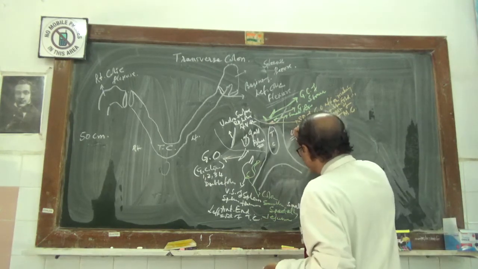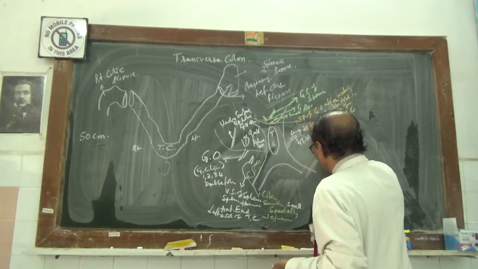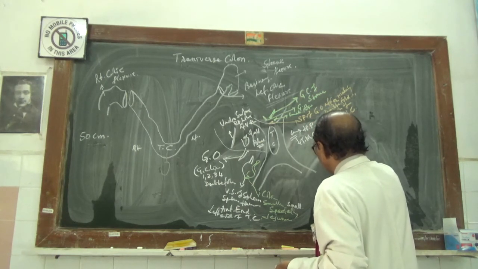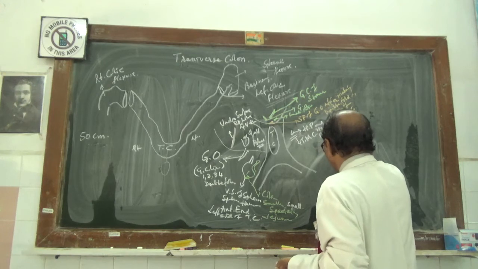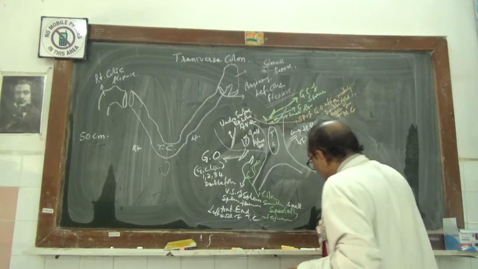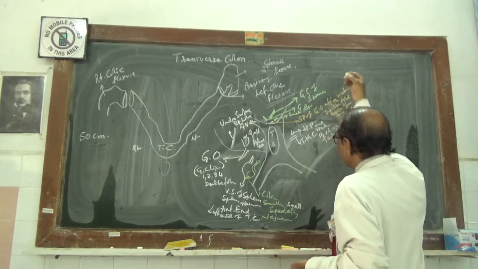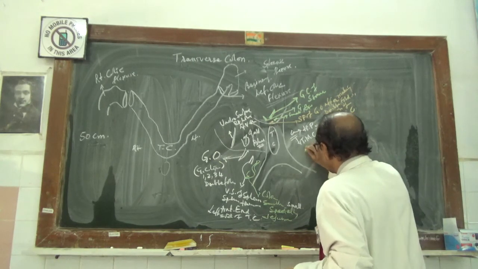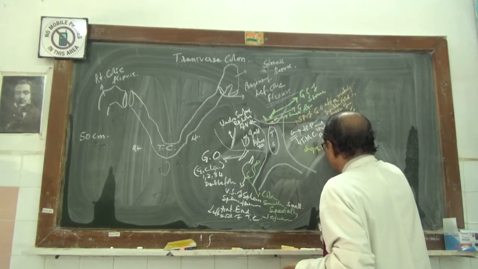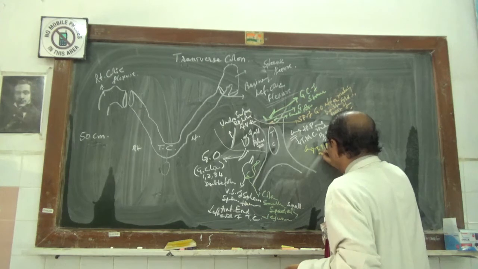And then you have got the head part of pancreas, neck part of pancreas, body part of pancreas, tail of pancreas. Then you will be having here the transverse part of duodenum, that is the third part.